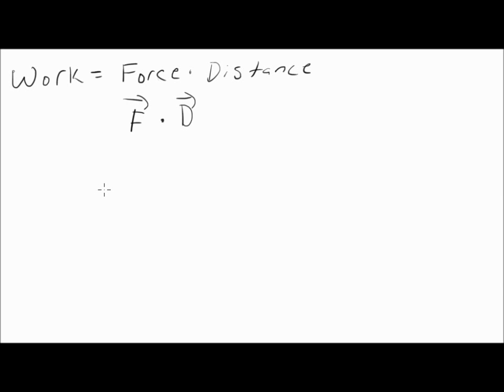This one is actually number 24 in your books. So the vector F, which is for force, equals 45i minus 12j. Okay, and then the vector D is going to equal 70i plus 15j.